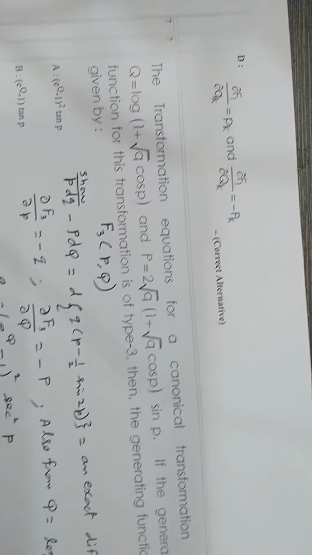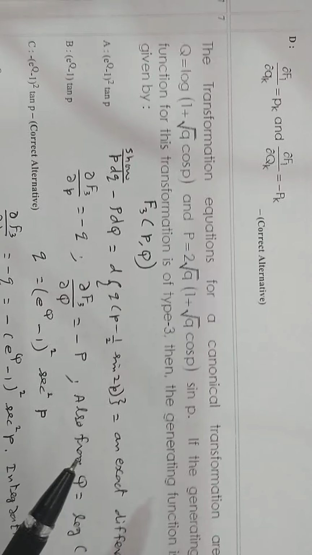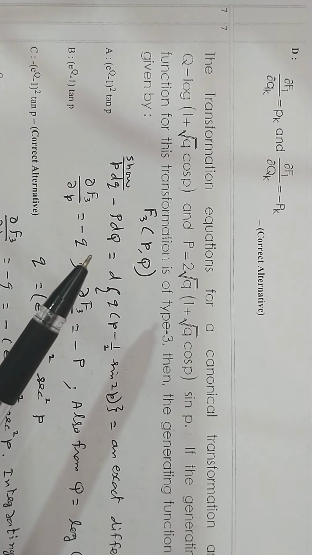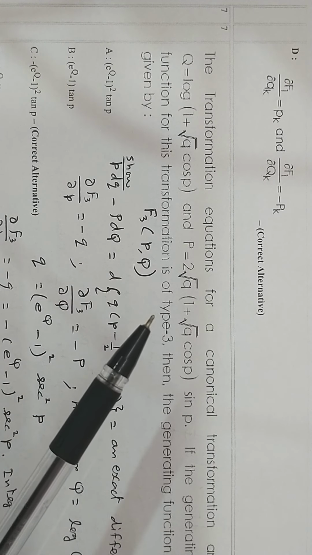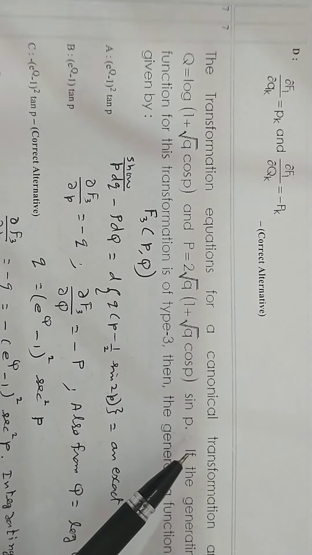The next question, the transformation equations for a canonical transformation are given. Capital Q is given by logarithm of 1 plus square root of q cos p, and capital P is equal to root q into 1 plus square root of q cos p sin p.